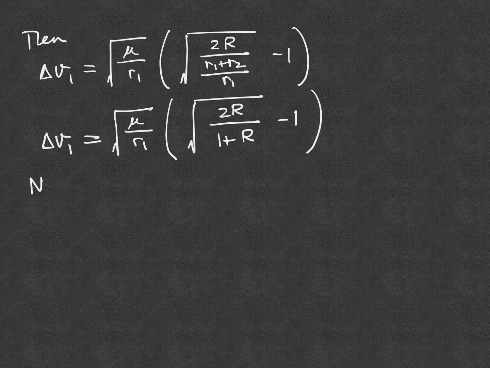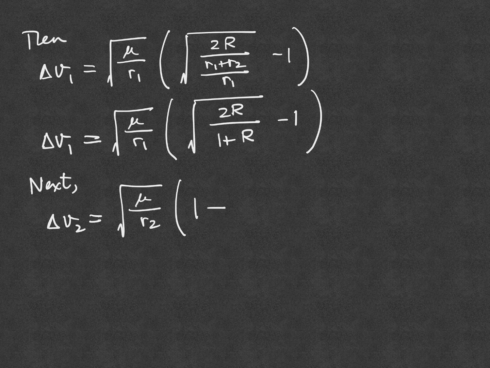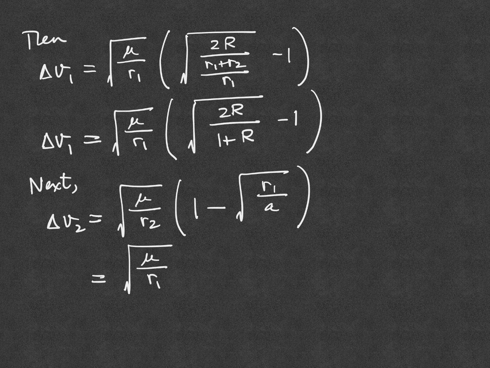So next we're going to do the same thing with delta V2. Now delta V2 is equal to the square root of mu over R2 times 1 minus the square root of R1 over A. So what we're going to do to get this in terms of the ratio R is make this the square root of mu over R1. We're going to get the same factor in front as we did for delta V1, times the square root of R1 over R2, and then times 1 minus the square root.